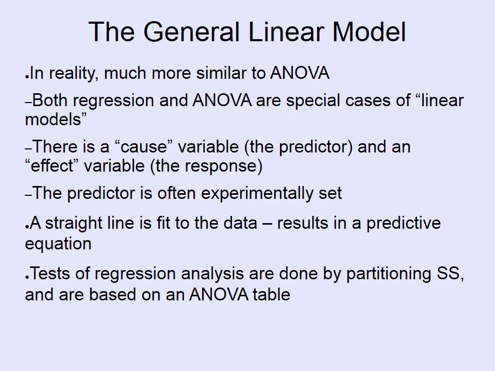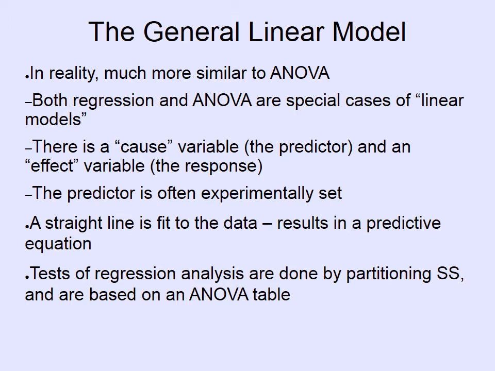We're under the general linear model, and remember I said ANOVA was under the general linear model, so both regression and ANOVA are linear modeling. We have a cause and effect or a predictor and response, although we can also have something observational where we're observing how, as X changes, Y changes, in regression and ANOVA. The predictor can be experimentally set.